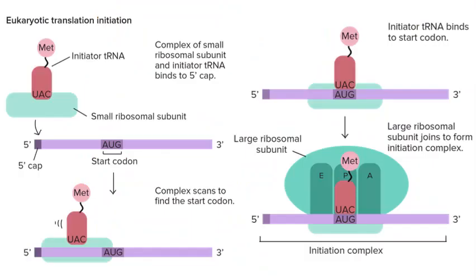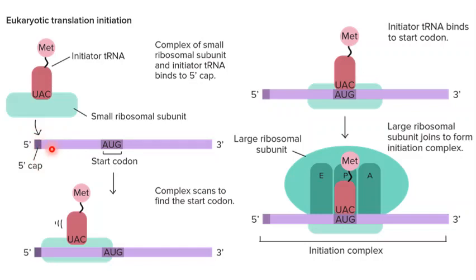But there is a slight difference in the initiation in case of eukaryotes. In eukaryotes, the initiator tRNA, which is not formylated, will get attached to the smaller subunit, and this is going to get attached to the 5' cap of the mRNA.